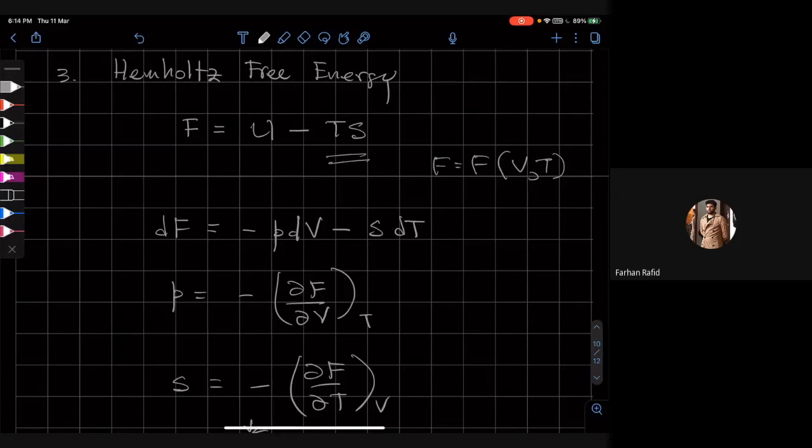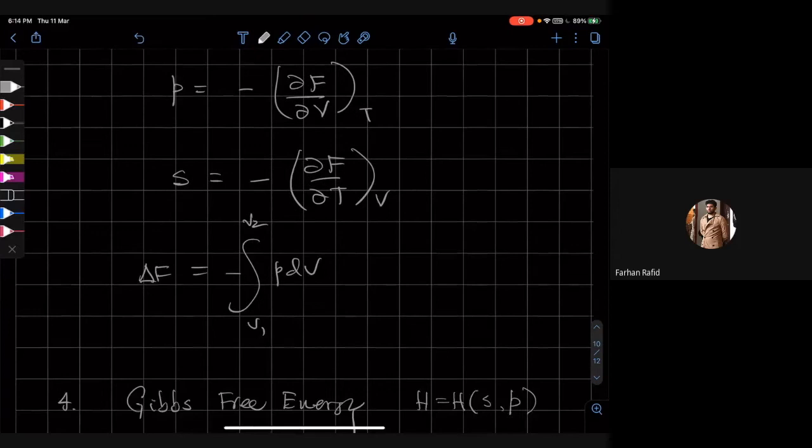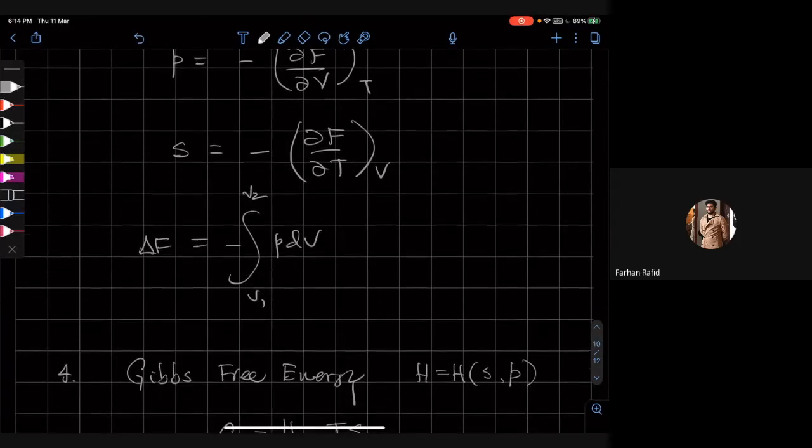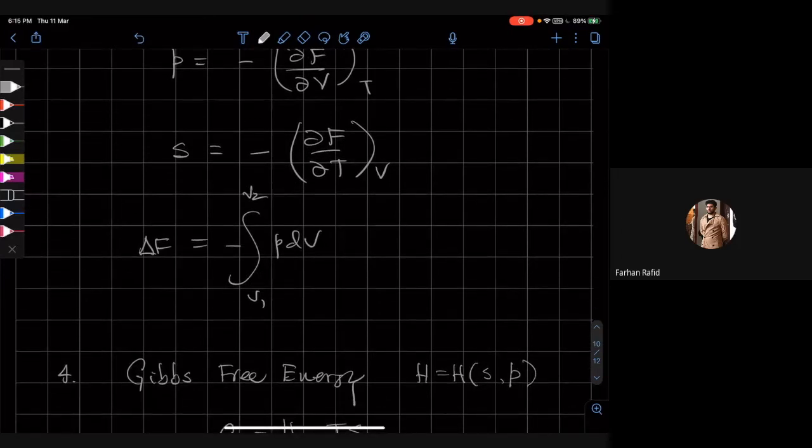Because work is not energy. Work is a way of changing energy, right? Del F is equal to minus integration from V1 to V2 of P dV. So this is work, right? Right. This is in the case of an isothermal process.